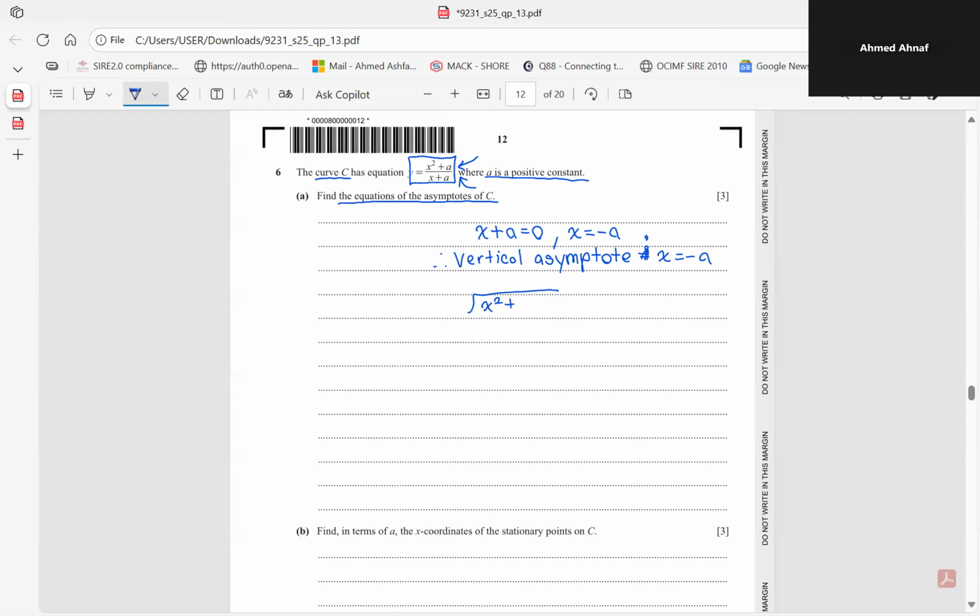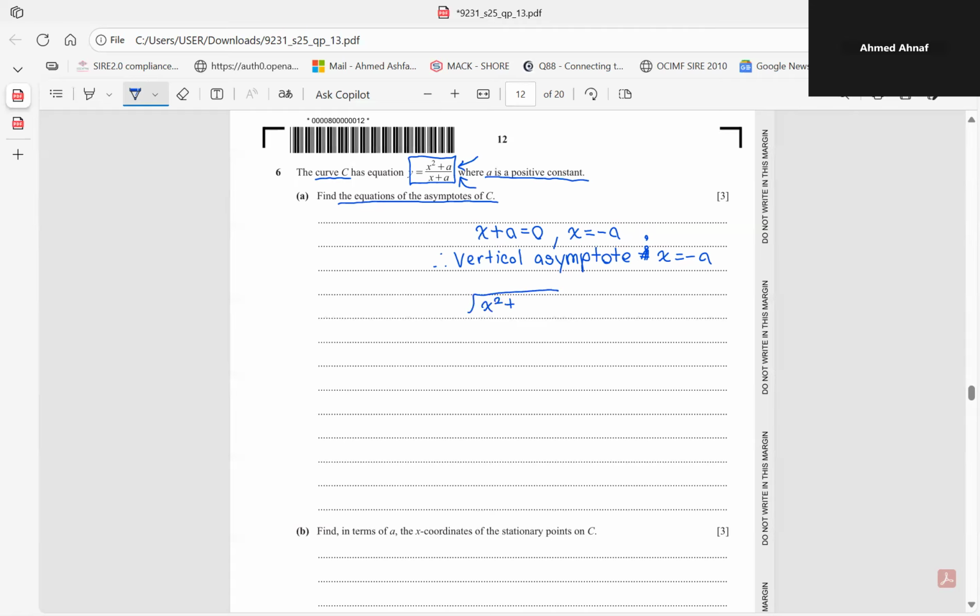So y equals x minus a plus a squared plus a over x plus a. Let's rewrite it as x minus a plus a squared plus a times x plus a to the power of -1. Okay, now we're ready to differentiate this.